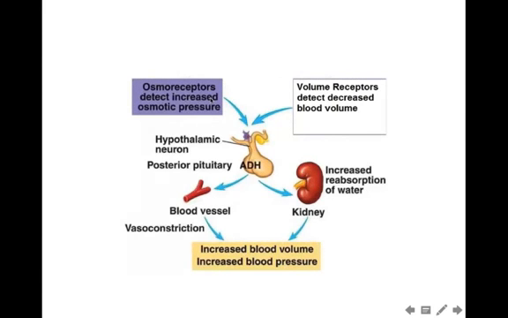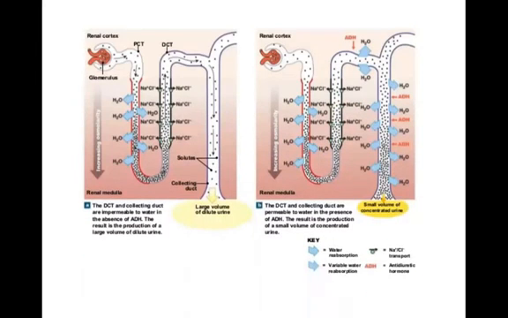Osmoreceptors in the hypothalamus, which detect osmotic drop, and volume receptors in the atrial walls, which are also called atrial stretch receptors, which detect blood volume, known as central venous pressure, CVP. Vasopressin 2 acts on V2 receptors found in the basolateral membranes of principal cells located in cortical and medullary collecting ducts.